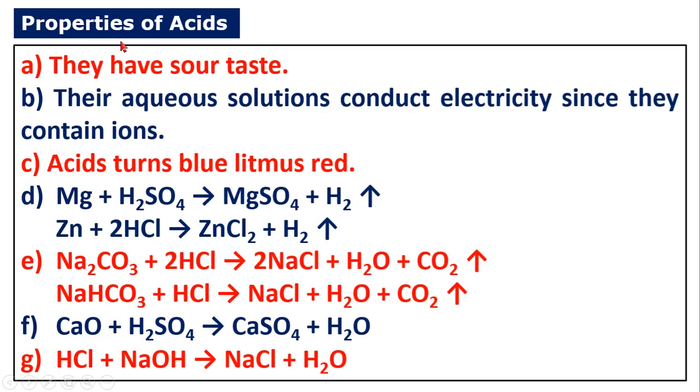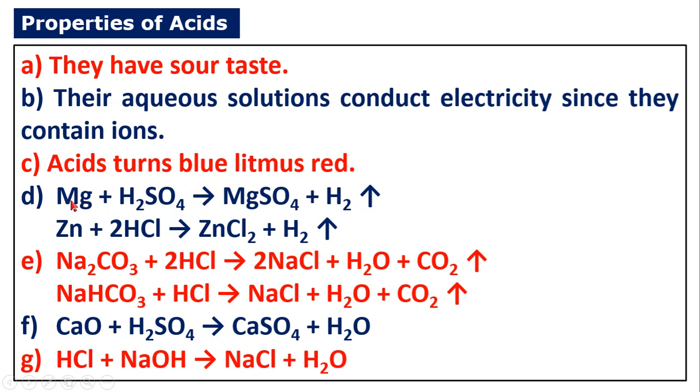Properties of acids. A. They have a sour taste. B. Their aqueous solutions conduct electricity because they contain ions, H plus and Cl minus. It produces ions, so they conduct electricity. C. Acids turn blue litmus paper red.